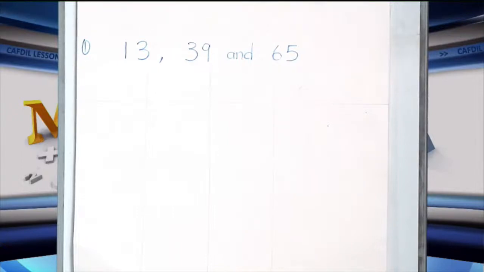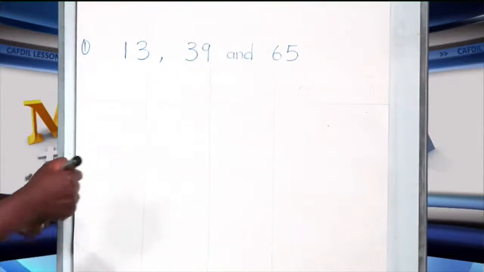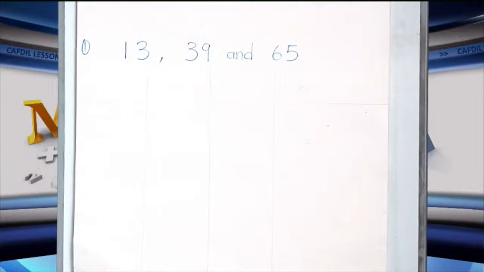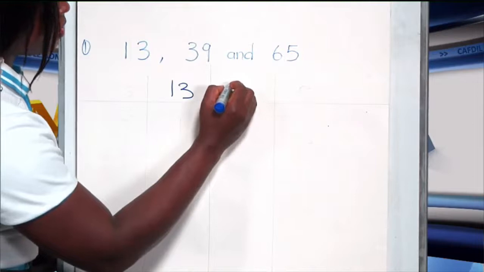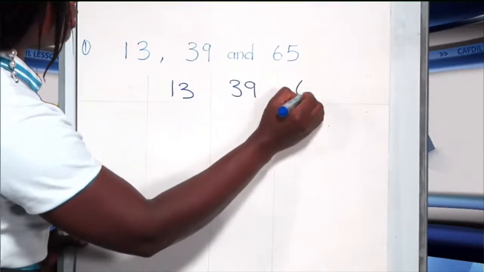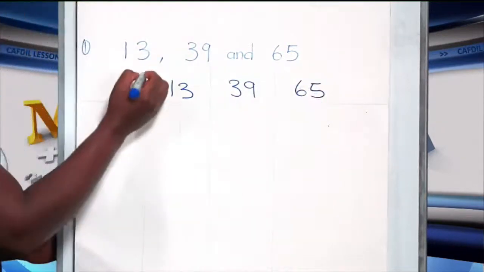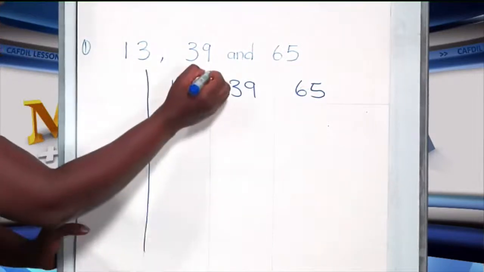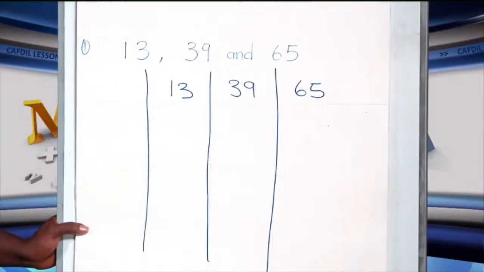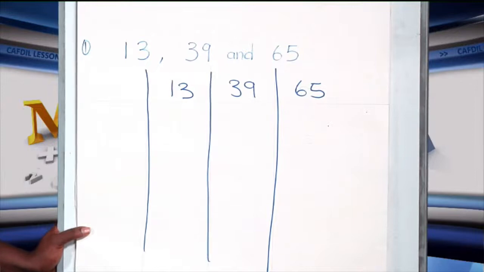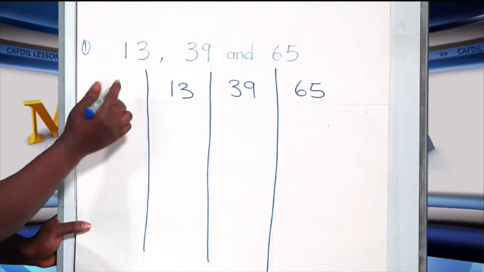Learners, let's write our numbers: 13, 39, and 65, and create our table nicely. We want a number that we can use to divide these numbers. Can we use 13? Yes, we can.